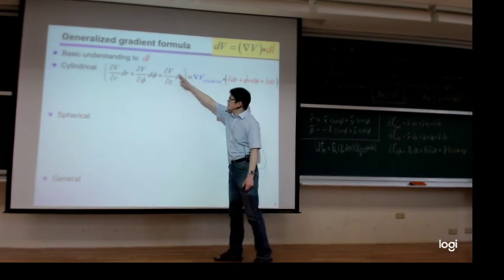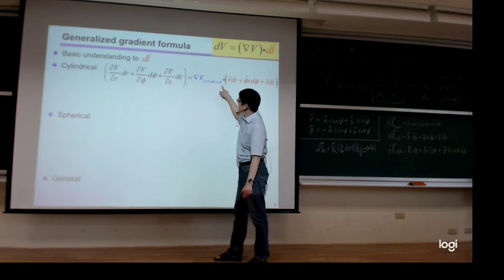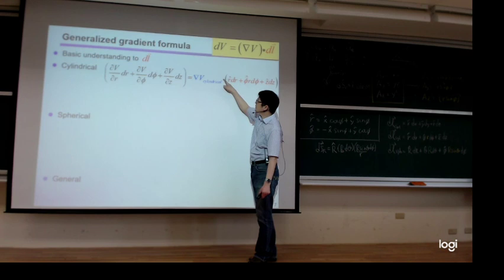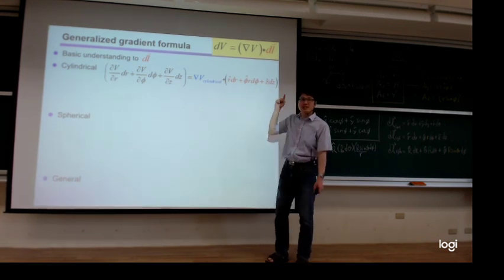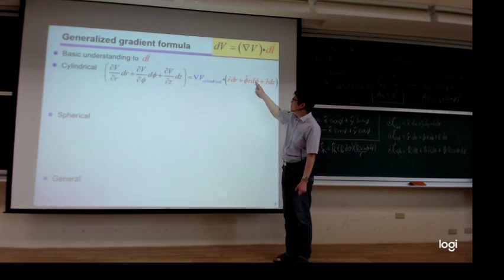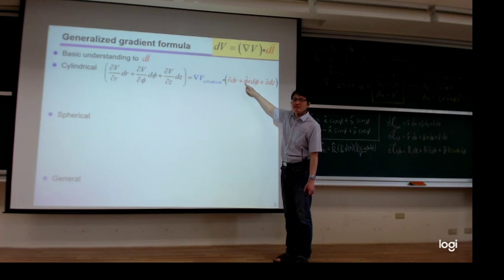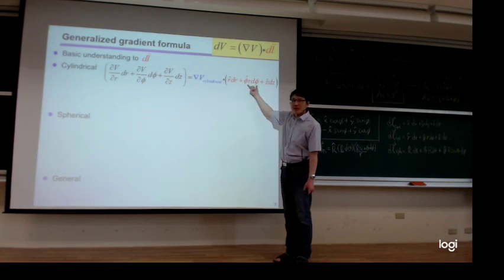This is equal to the gradient of the scalar function in cylindrical coordinate, making an inner dot product with the differential length in the cylindrical coordinate. Remember, when we're talking about the phi direction, the unit vector is an angle. The differential length is an arc. So you have r times d phi.